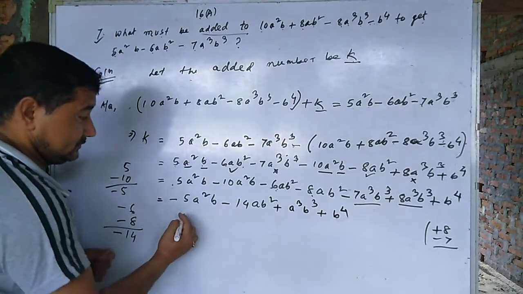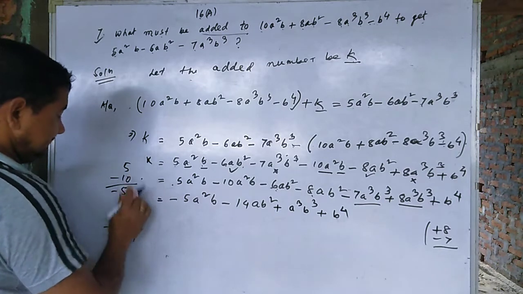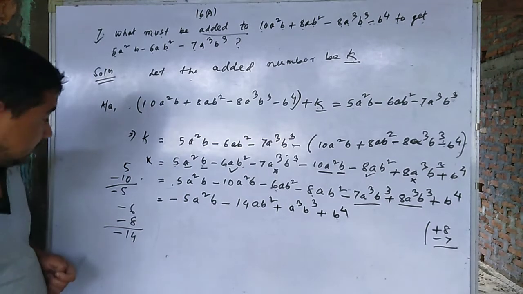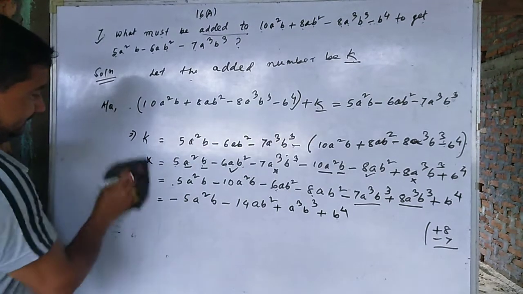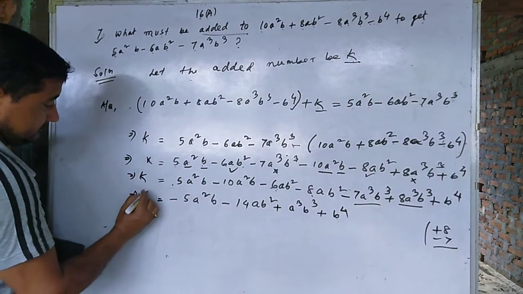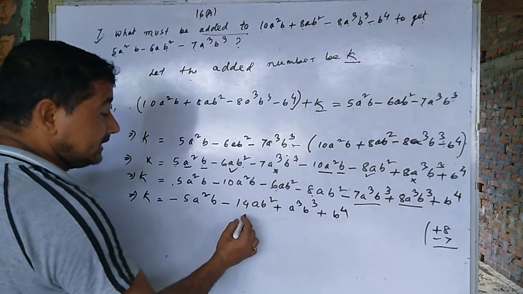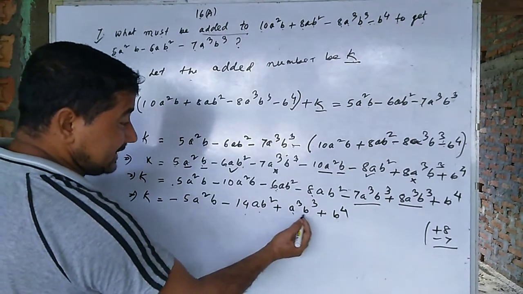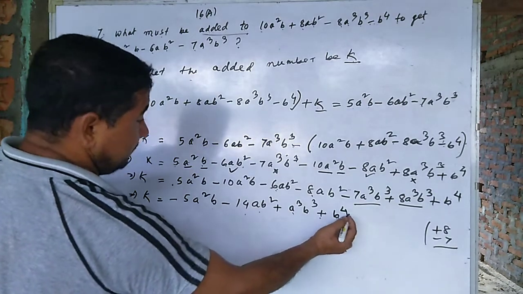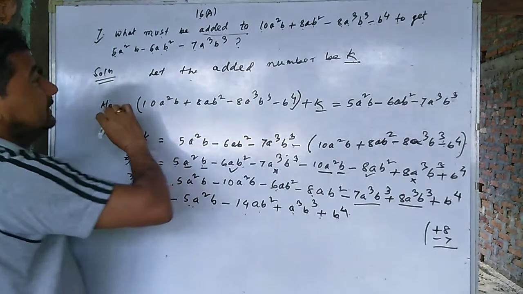We got the k value: minus 5a square b minus 14ab square plus a cube b cube plus b to the power 4.